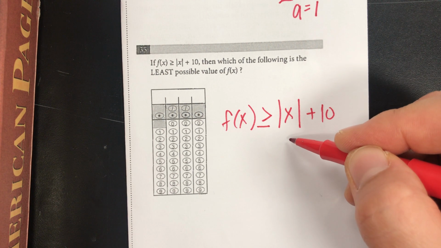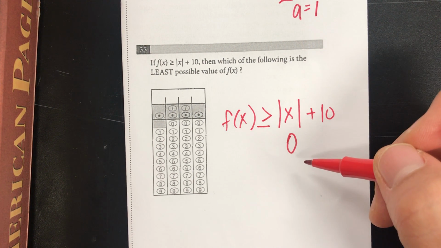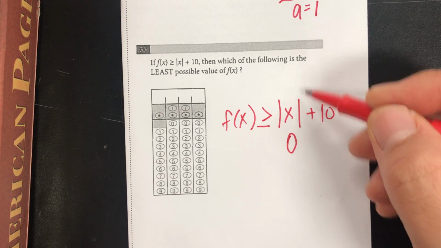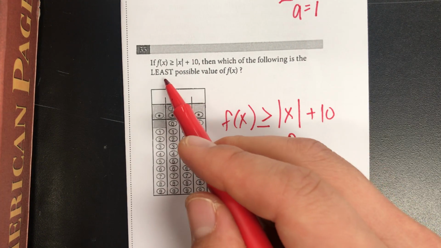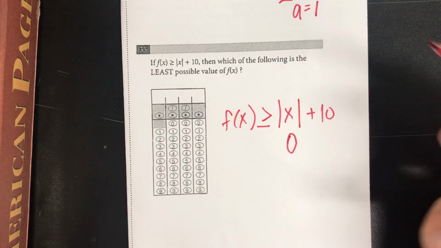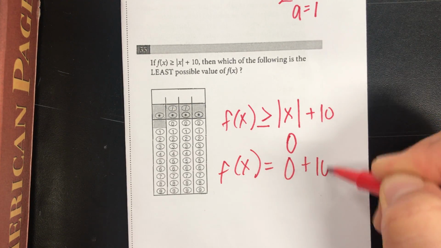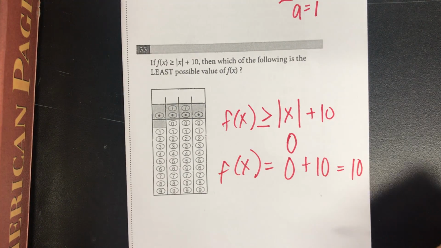So 0 is going to be the smallest possible value of x. They want to know what is the least possible value of f of x. It's going to be f of x equals 0 plus 10, which would equal 10.